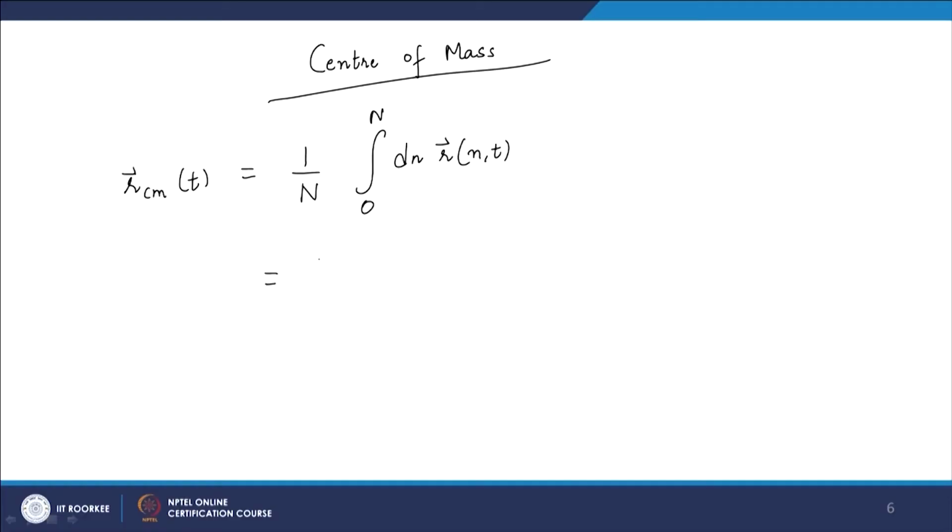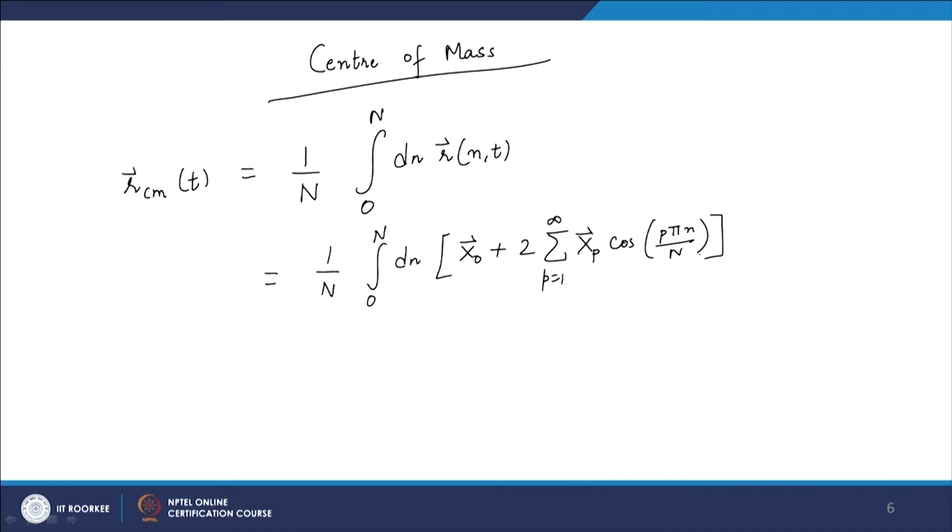And then if I simply plug in the definition of inverse transform, we get the following. So, the first term here simply gives me x 0, because integration over n gives me capital N, it cancels out.